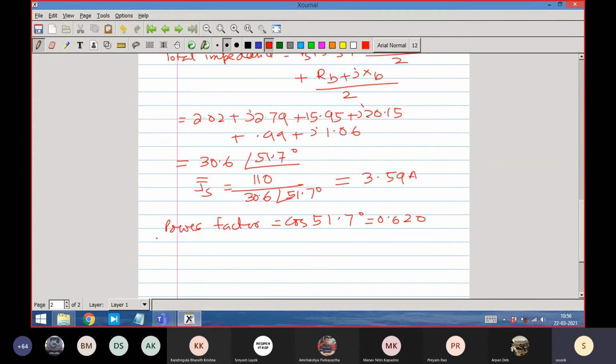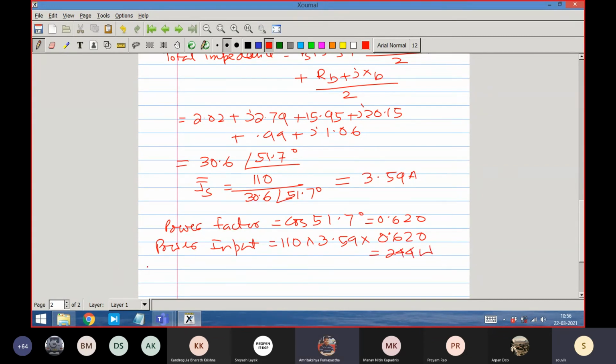So then power input is equal to VI cos phi, which will give you 110 into 3.59 into 0.620, which is equal to 244 watt.